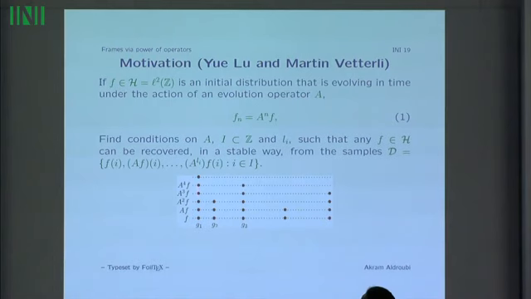Maybe you stop at some point here, and you ask yourself, under what conditions on the operator A, on the sampling set I, and the number of time samples that you take at each i, can we recover the function f in a stable way? So this is the problem that I will be talking about.